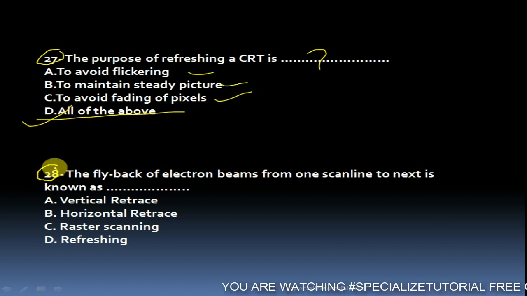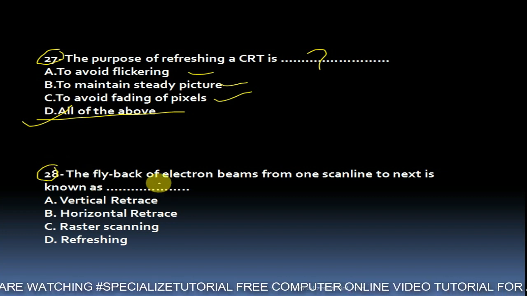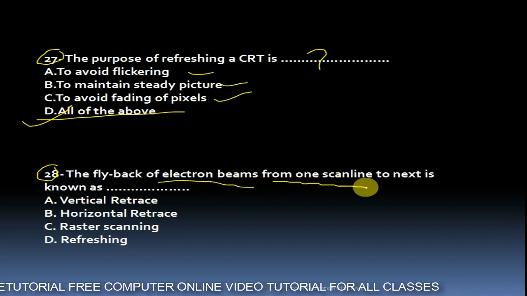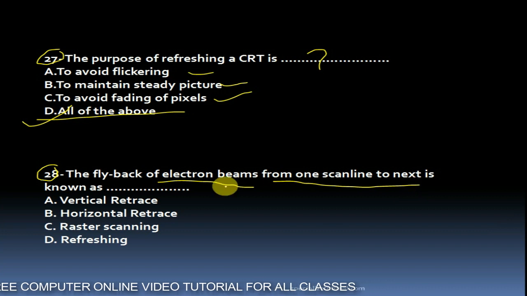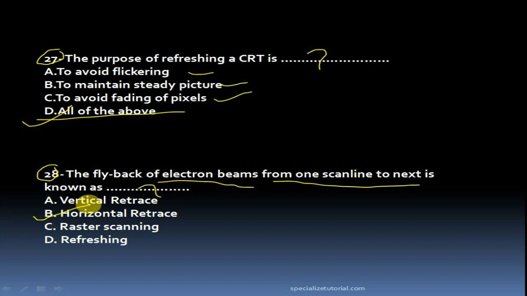Now take the next question, question number 28. Flyback of electron beam from one scan line to next is known as what? Vertical retrace, horizontal retrace, reverse scanning, and refreshing. Okay, so basically it is a horizontal retrace.